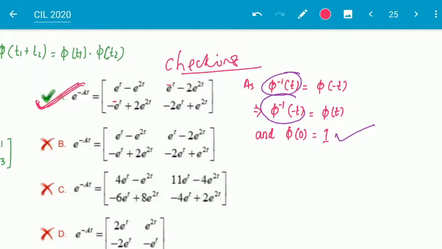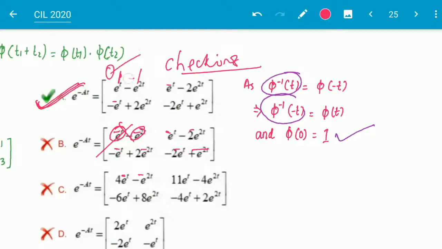Then we'll check B, with the negative of each term. If we put t equal to 0, then this is 0 minus 0, this is 0, so this is not the option. Something to the power 0 is equal to 1, and 1 minus 1 is equal to 0.